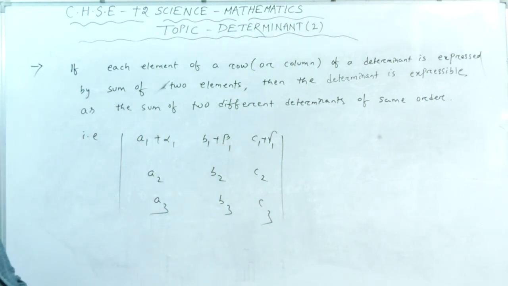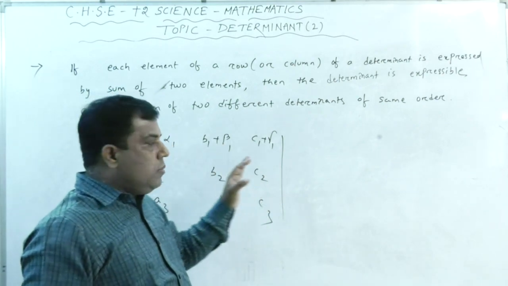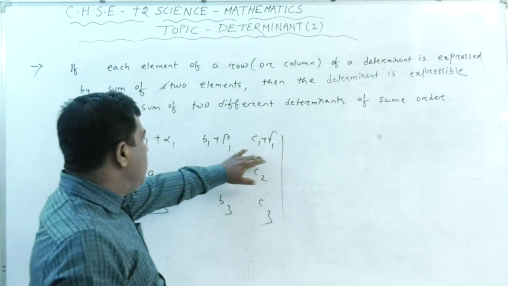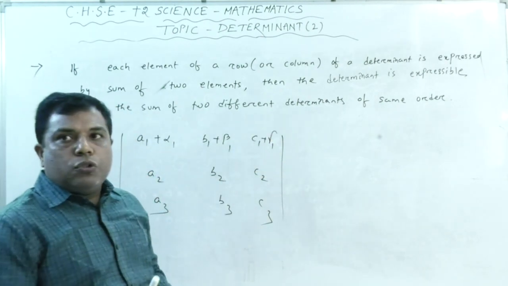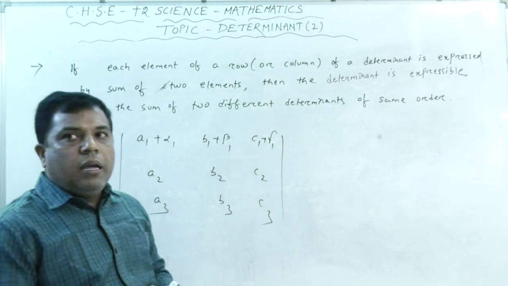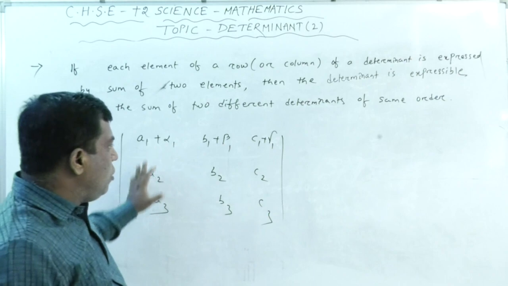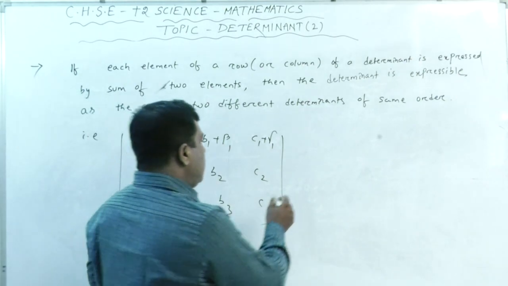You see the first row is expressed by the sum of two different elements. So you can express this determinant as the sum of two different determinants of the same order, like this.